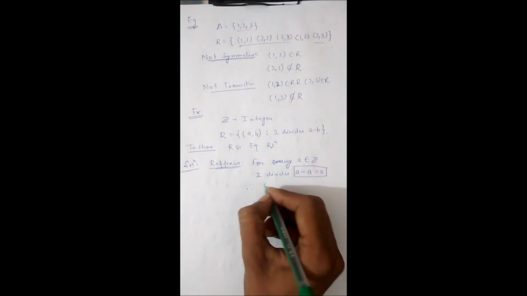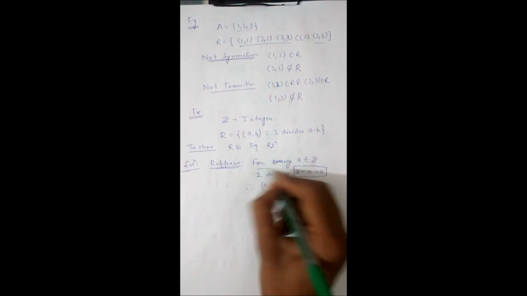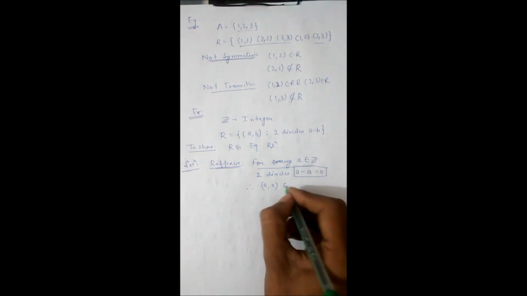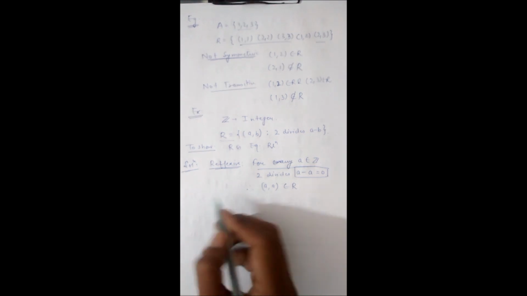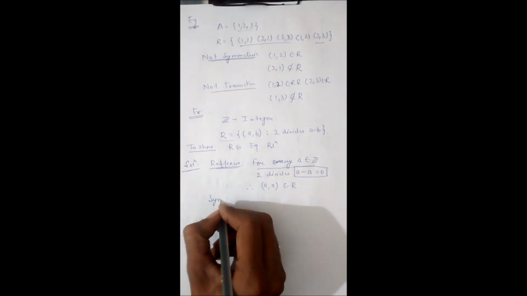Therefore for every a in Z, (a,a) belongs to this R. This makes it reflexive. Symmetry.